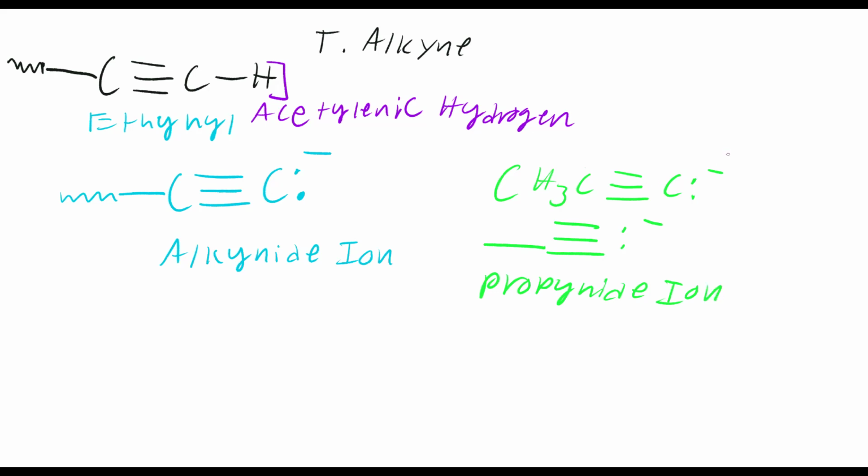The ion part comes from the negative, right? The negative gives the ide suffix. So you're expecting propane, but it's propynide. The yn comes from the triple bond. So these triple bonds are acidic compared to their brothers or siblings.